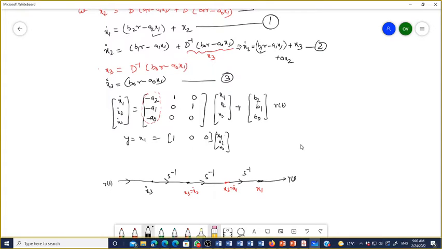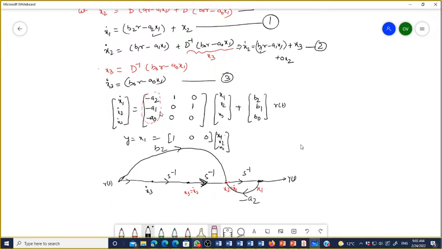So x1 dot is equal to minus a2 x1 from here, plus b2 r: at this position r is coming in, with gain b2, and plus x2, which you can take from this side. Is it clear? Okay, so this is the case.